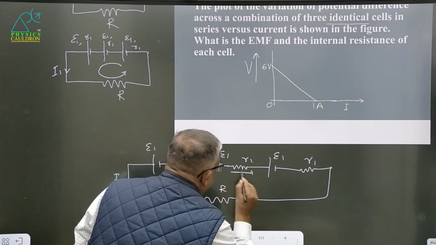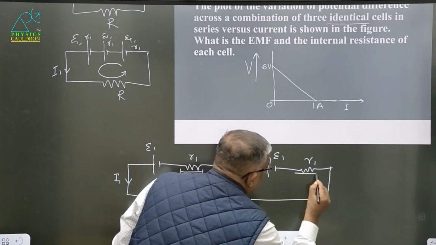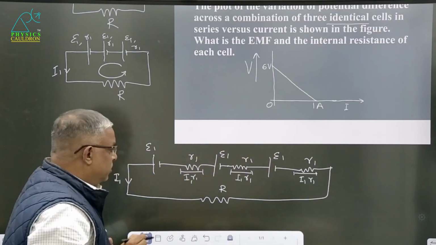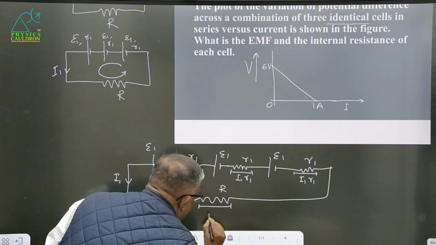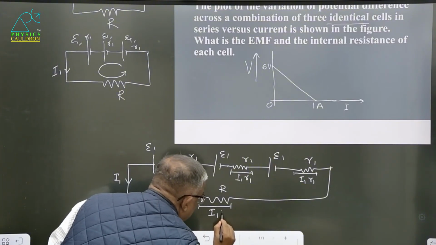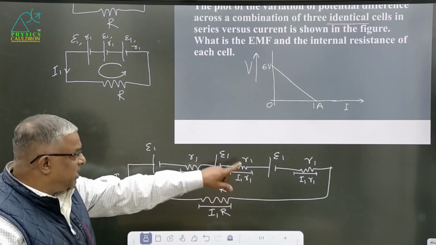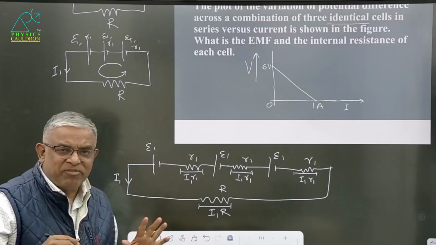Across this also it would be I1 R1, and here also it is I1 R1. And across this you have the potential difference I1 into R. So now I have converted the same circuit only in terms of potential drops and EMFs.